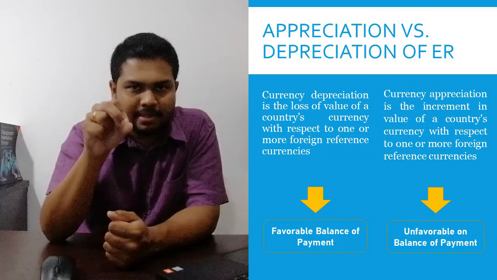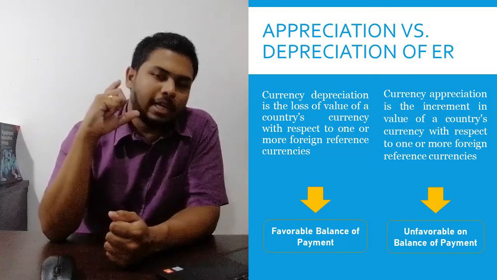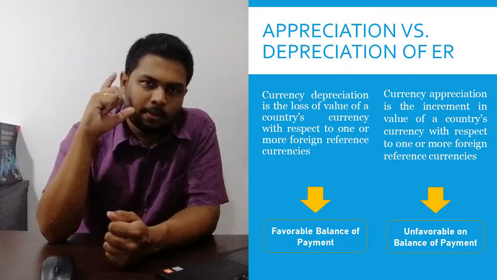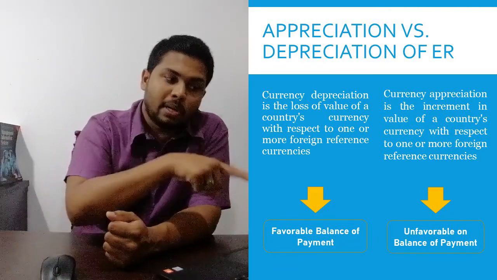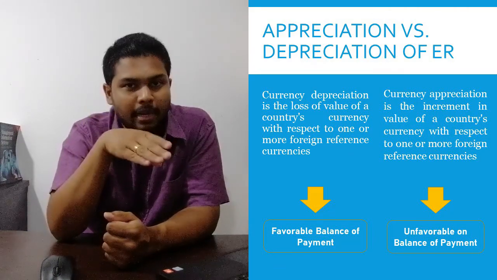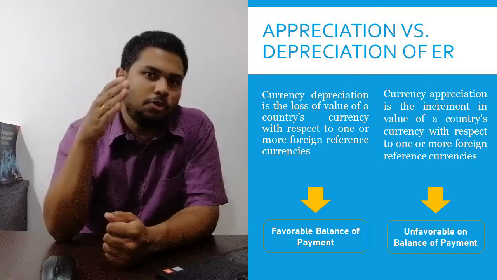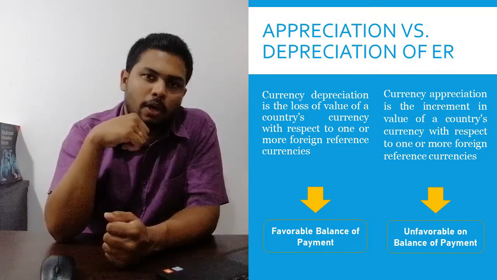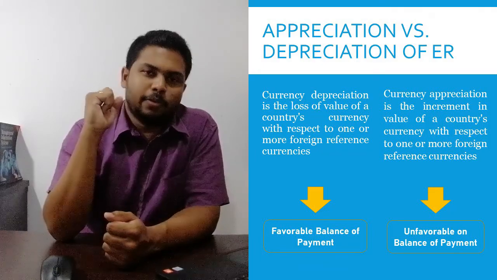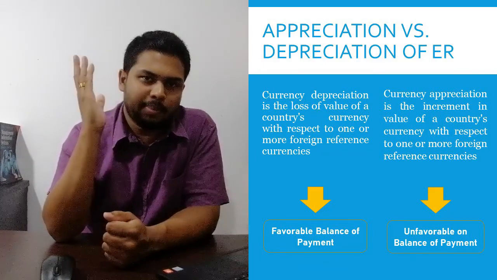And at the same time, let's think you constantly do the exports. In that case, that is very favorable for the balance of payments, because it will expand your export income relative to the expenses you incur on imports.